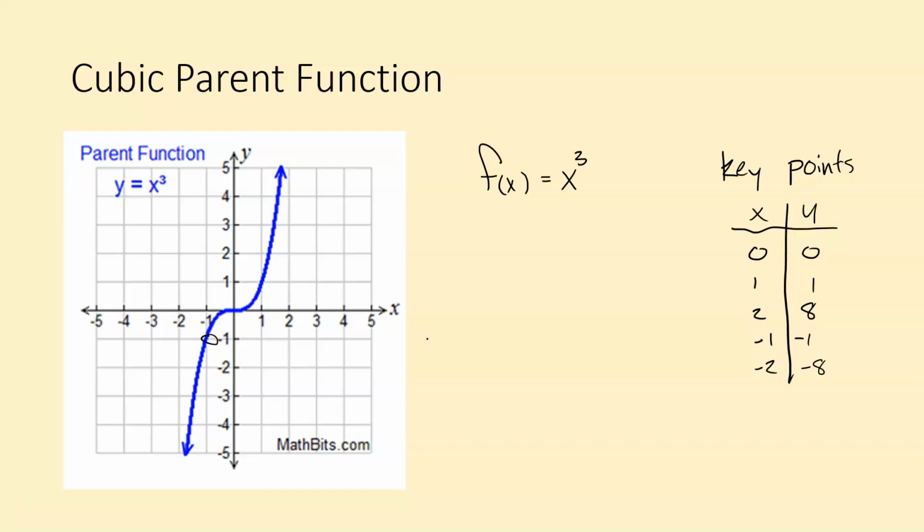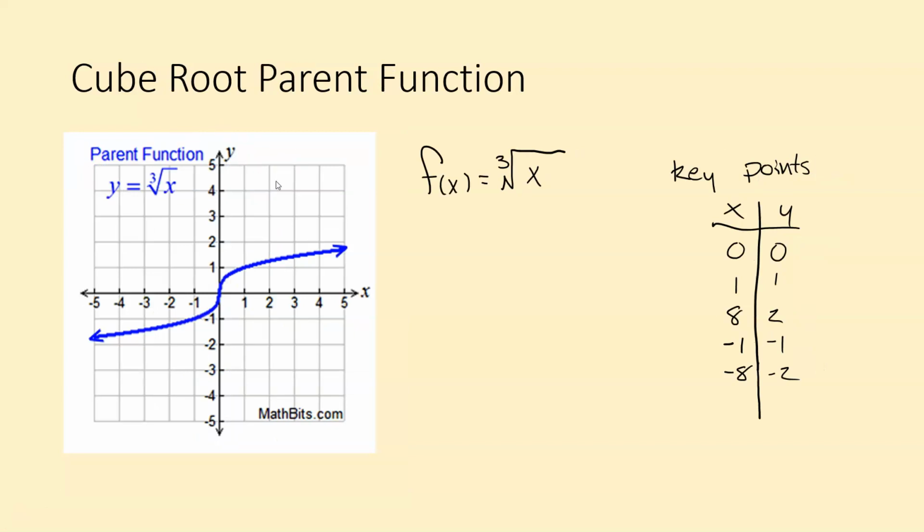You have this point down here. And then negative 2 cubed is negative 8, which is off the graph, but would be down here somewhere. So with the cubic graph, that's one thing to note. As you plug in negative numbers, you have negative outputs as well. And so you get this S shape. So that's what the graph looks like. Here's the equation, and here are some key points to note.